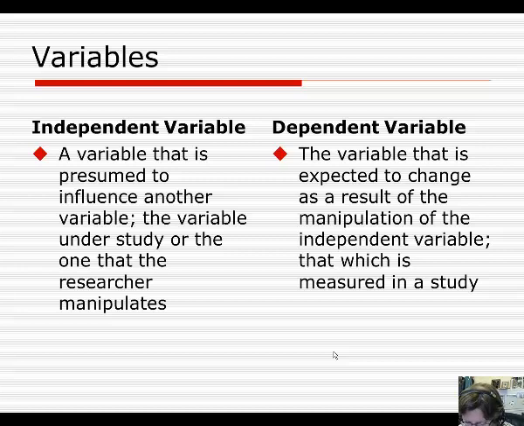A researcher wants to compare a dosage of 1200 mg versus 2400 mg of a popular over-the-counter pain reliever on delayed onset muscle soreness following an intense exercise bout. So here the independent variable would be the dosage level. The dependent variable would be some measure of muscle soreness.